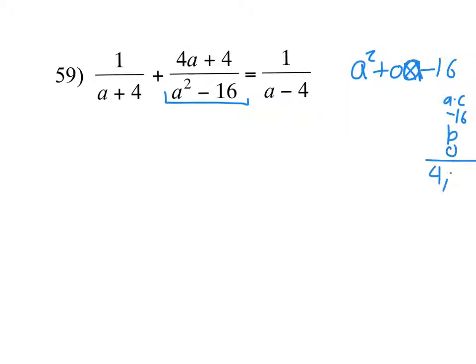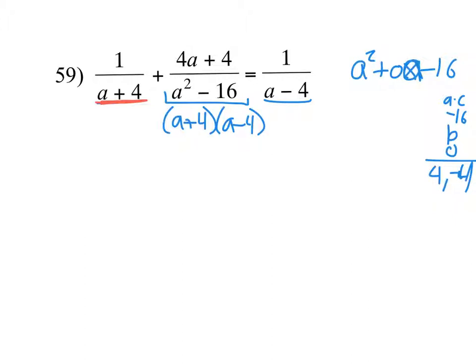That gives you 4 and negative 4. That's fine. If you see this and you immediately say a plus 4, a minus 4, that's also fine. You might also notice that the other pieces give you some information that will help you with that. Okay, so now that we've done that, this is the factored form of this.